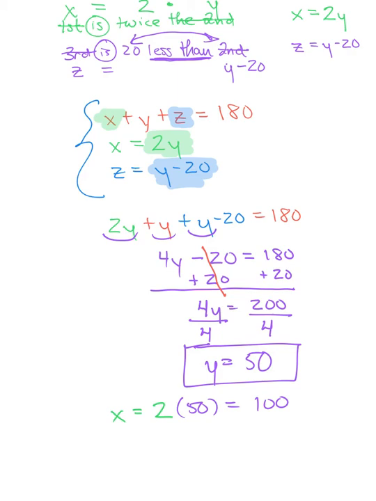For my z equation, I get z equals 50 minus 20 equals 30. And so there are my other values.